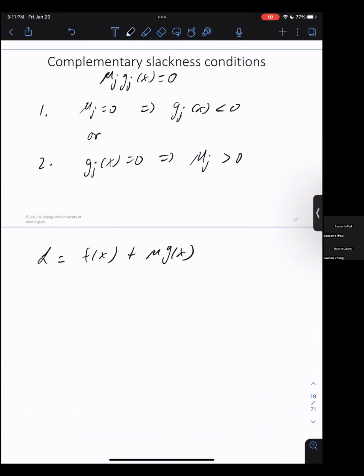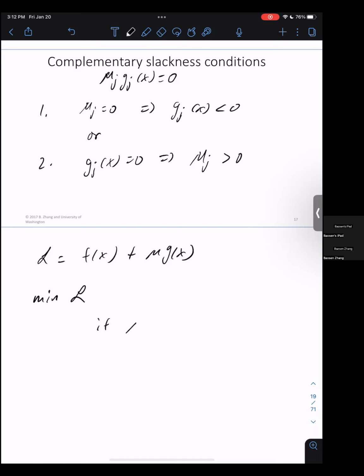So why does mu have to be positive? Remember, you're trying to minimize this function, so we're trying to minimize L. Let's say mu is negative. If g(x) is negative and mu is negative, both are negative, and you can make the functional value very, very big.